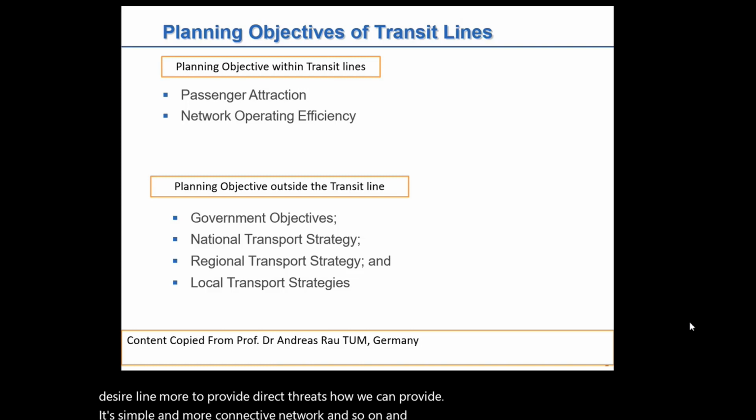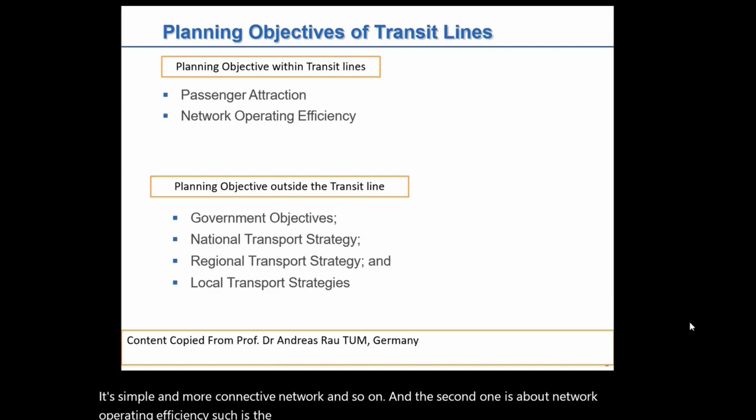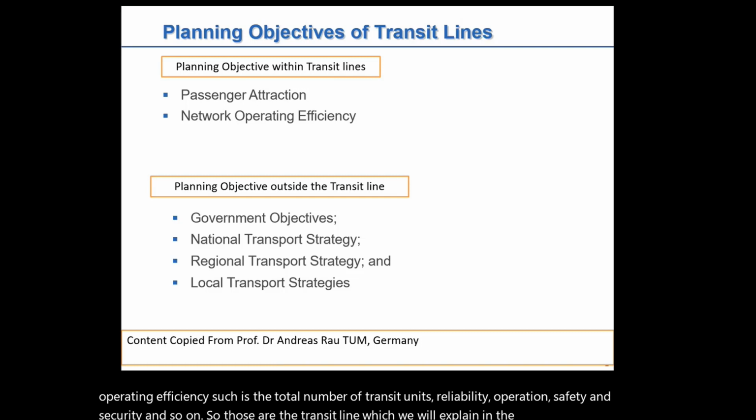The second one is about network operating efficiency, such as the total number of transit units, reliability, operation, safety, and security, and so on. Those are the transit line objectives, which we will explain in more detail in the next slide.